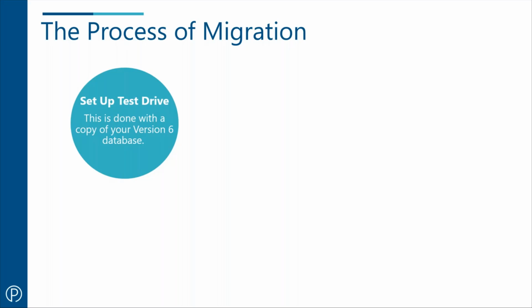We take the copy, run that through the migration, and set you up with what we call a test drive database. It's basically a sandbox environment where your users can carry on with version 6, but you can go ahead and test the features and have a look at 365 with your data, and see if the solution itself is right for you before we move ahead with the process.